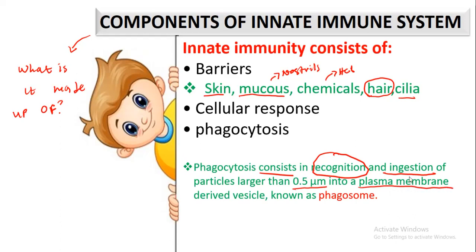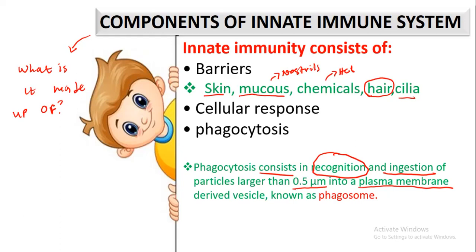If a bacterium crosses the plasma membrane and it is above 0.5 micrometers, the cell has to engulf it, because there is no way of taking it back.